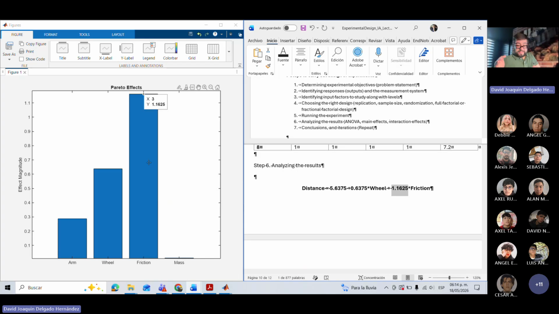That means that the car is going to travel farther away, and you can explain that because of the axle friction, okay? So if you have a small axle friction, then the car will go very far away. What happens with the wheel? Again, it is the second place in this case.